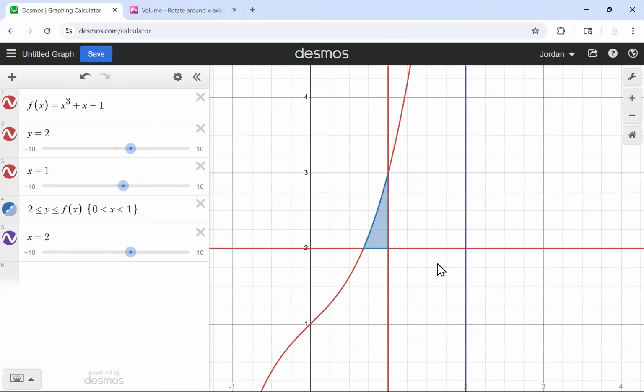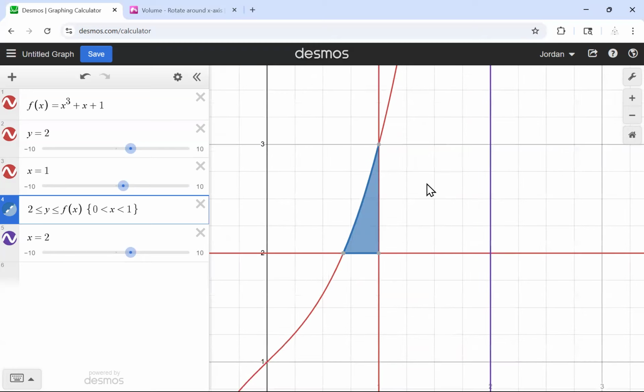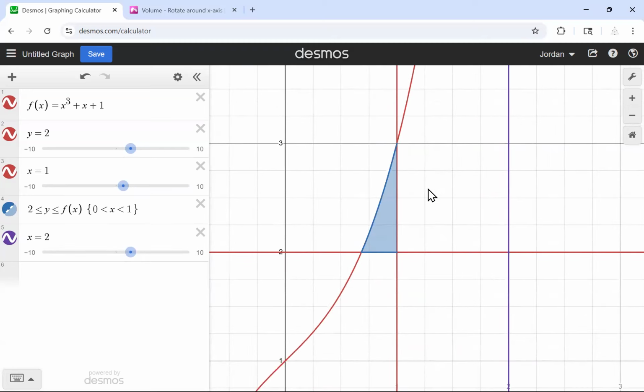Now, in order to do that, I need to figure out my rectangles. Since I'm going to use the shell method, my rectangles are going to be parallel to the line I'm rotating around. They're going to be vertical.